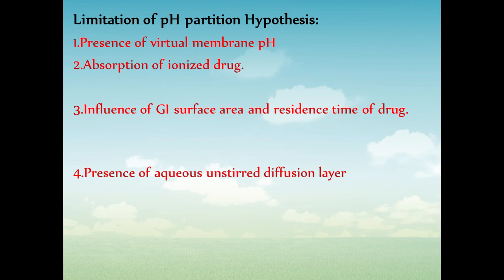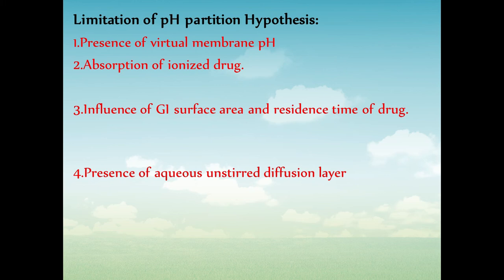This is a virtual membrane. Actually it is a liquid layer of mucus around your stomach, but we are not considering it because it doesn't consist of any cells. It is just mucus, a liquid or semi-solid material, and it has a different pH. That's why we call it a virtual membrane pH. These are limitations of the pH partition hypothesis.